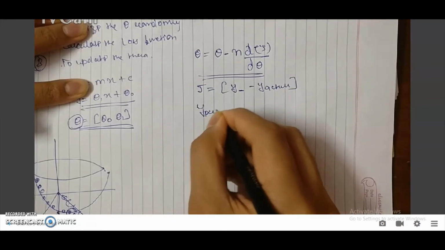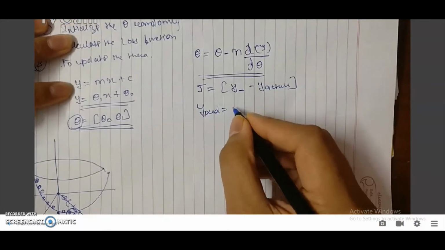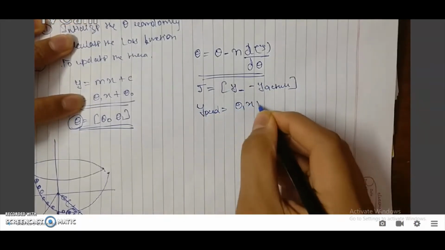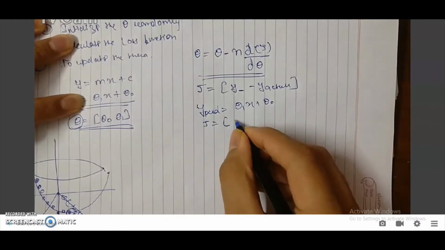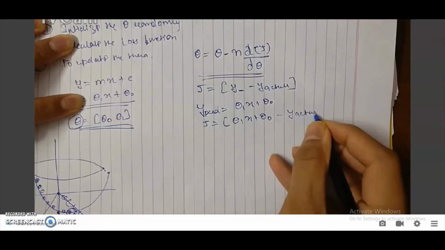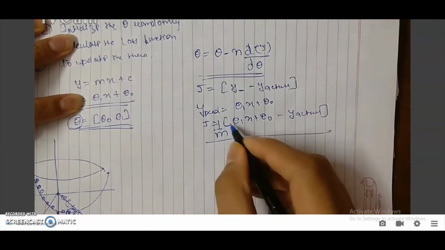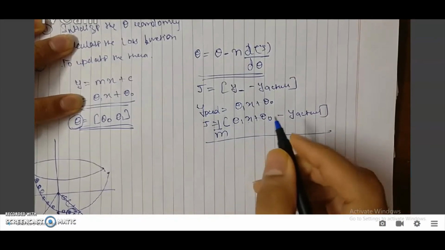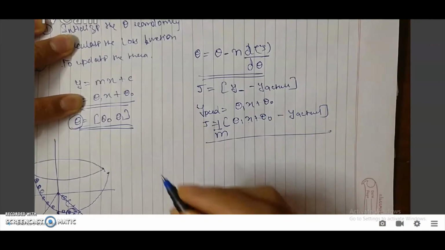And y prediction is theta 1 x plus theta naught, right? So the loss function would be theta 1 x plus theta naught minus y actual, and the whole summation will be 1 by m, right? If we consider the x and y values to be of all the sets, right?